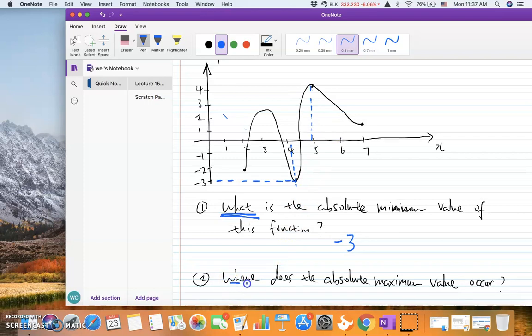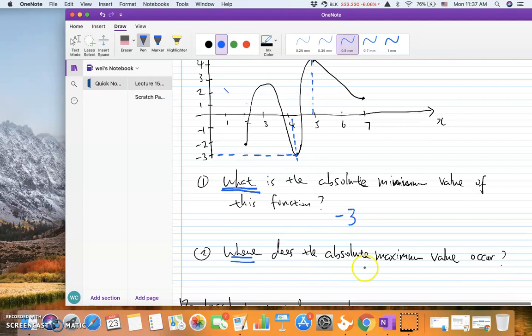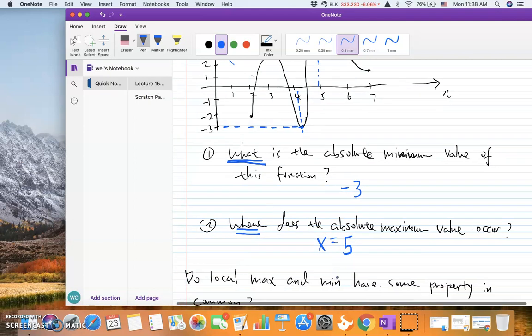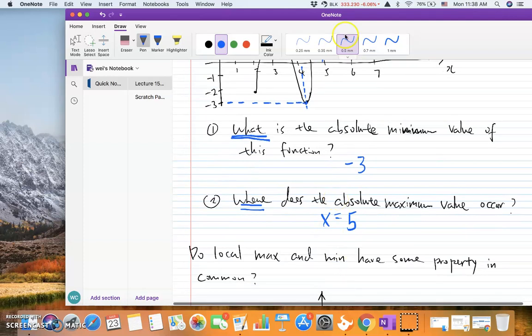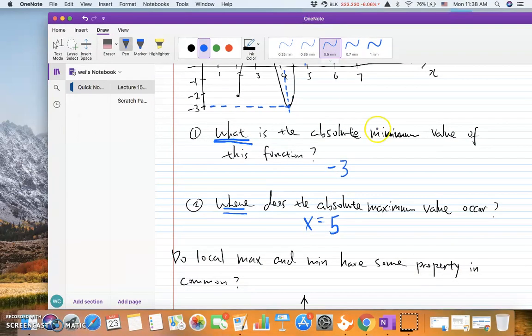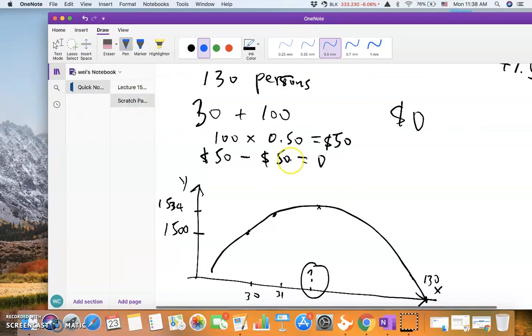And because the question asks where this absolute maximum occurs, the answer should be the x value of this point. So that is x equals 5.